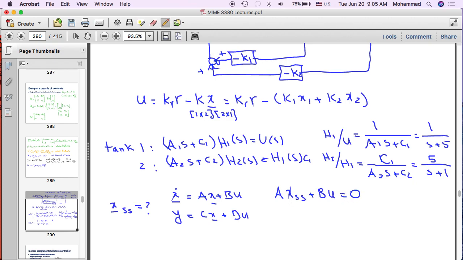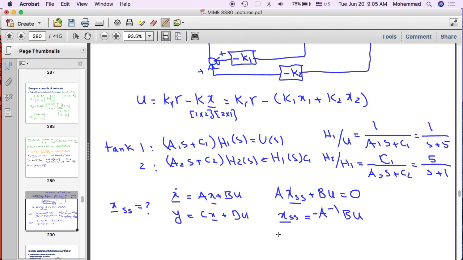So from here, you can find x steady state is equal to A inverse with a negative sign times B times u. So this applies to open loop.